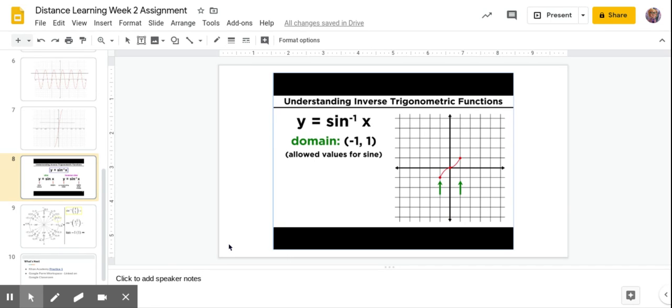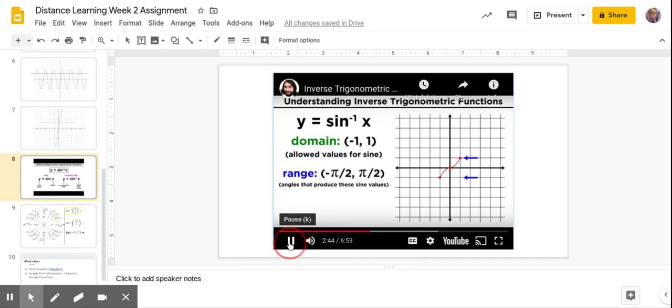The domain of this function will be negative 1 to 1, because those are the only sine values that are possible. So domain and range switch for sine and arcsine. For sine, the range is negative 1 to 1, so for arcsine, the domain is negative 1 to 1.